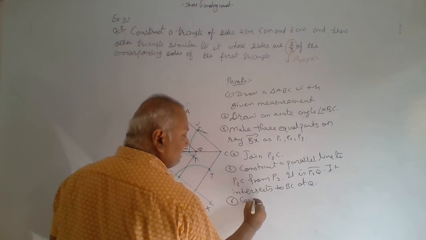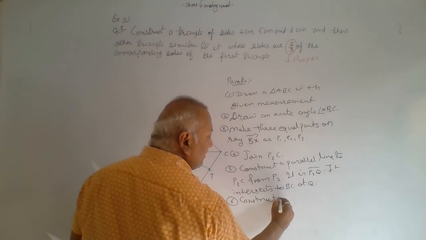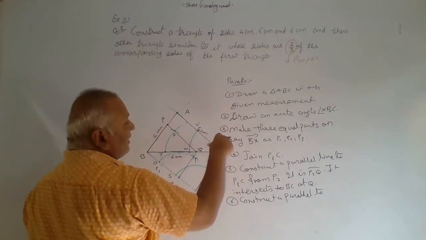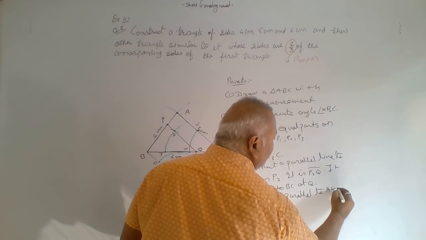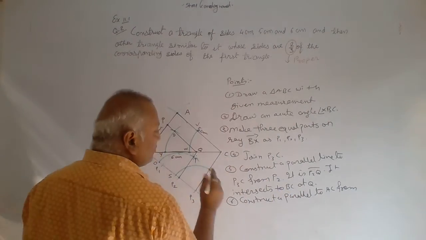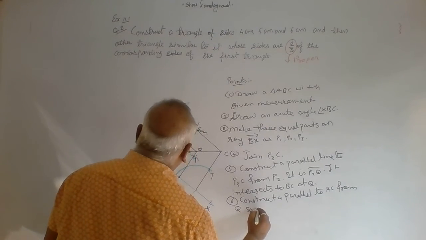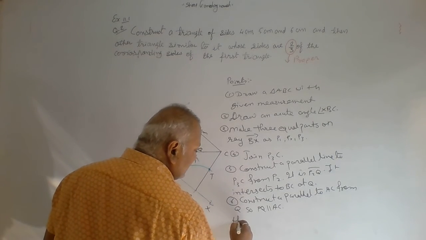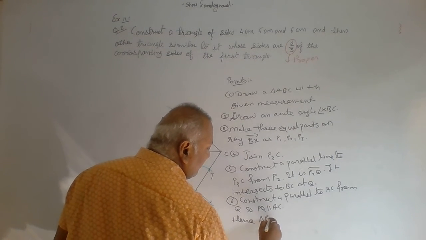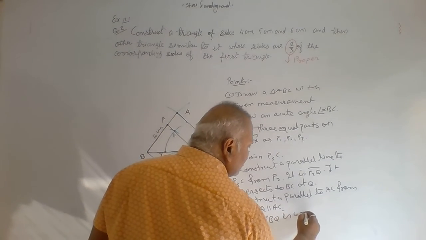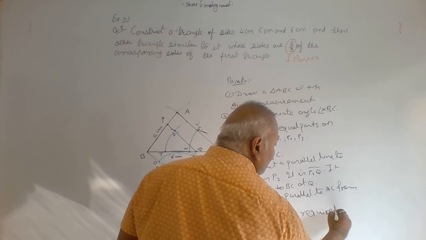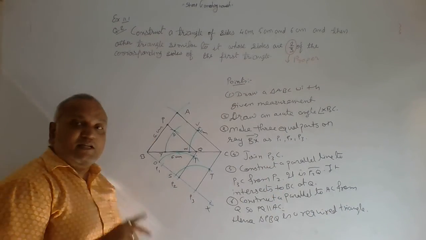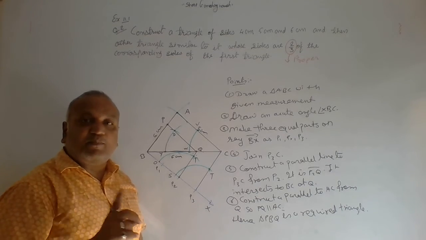Construct a parallel line to AC from Q. So PQ is parallel to AC. Hence, triangle PBQ is the required triangle. I hope you understand this construction in a proper way.